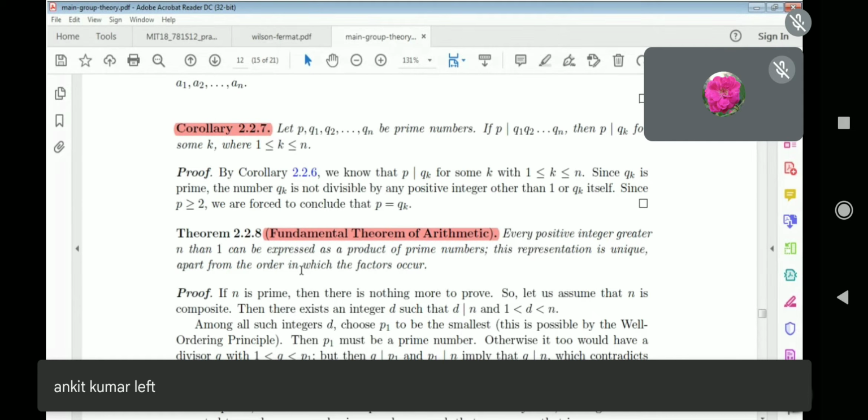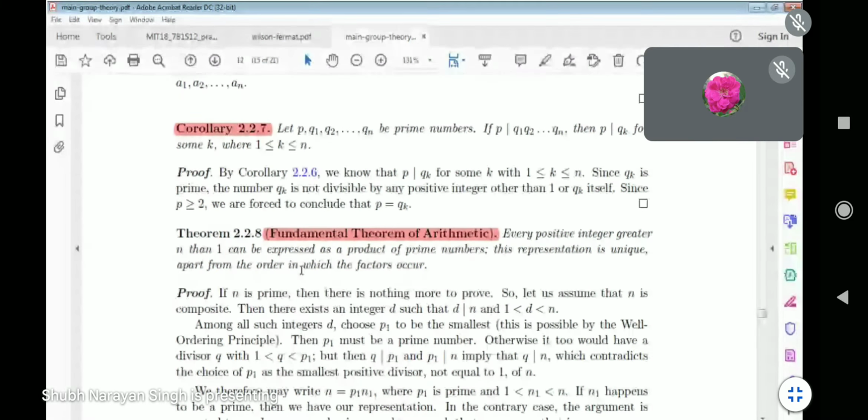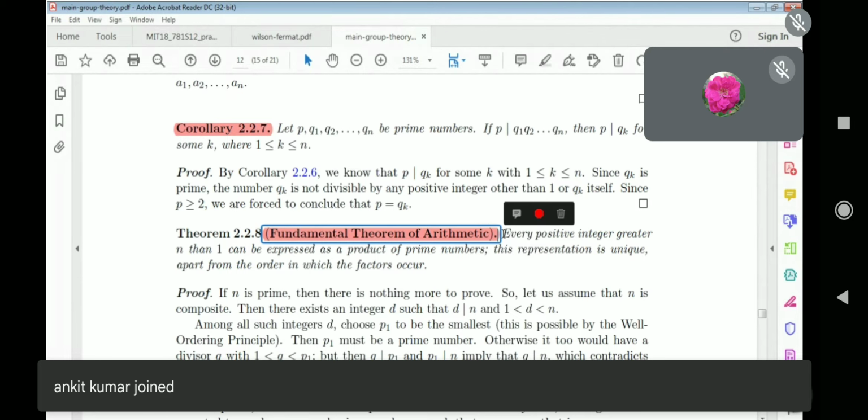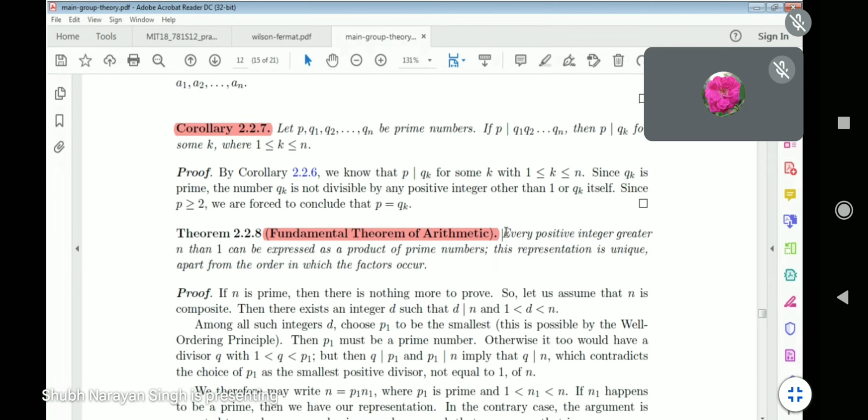So by using this proposition, we can think of prime numbers as the building blocks, the bricks, of the positive integers, because any positive integer greater than 1 can be written as a product of prime numbers.